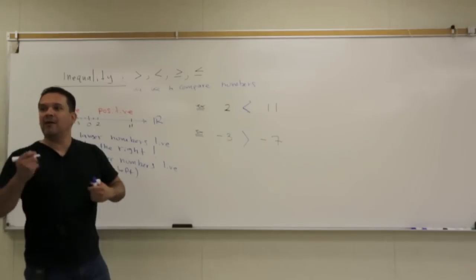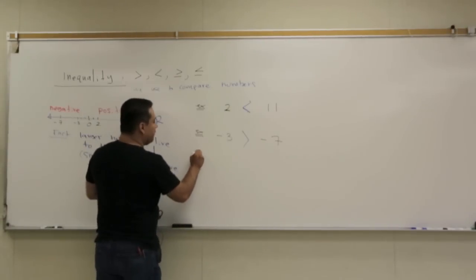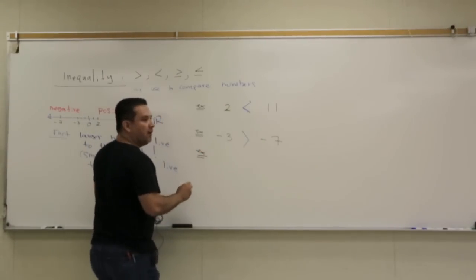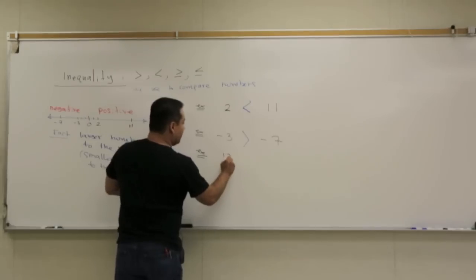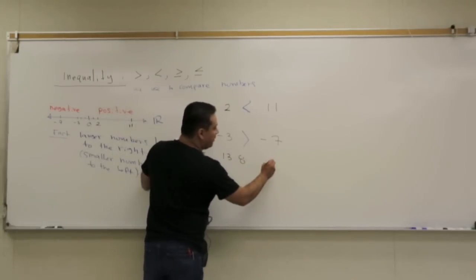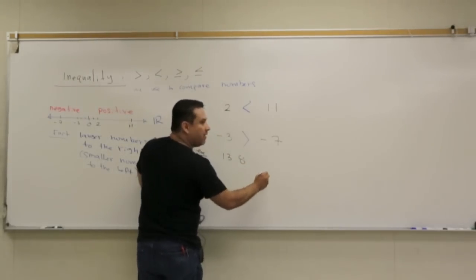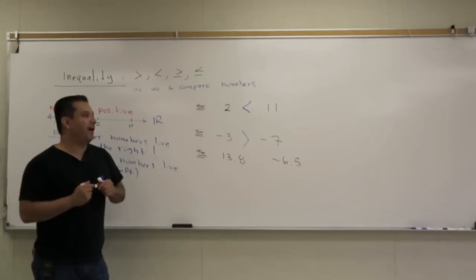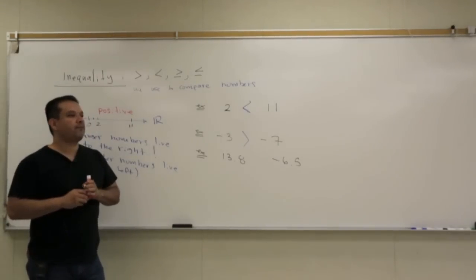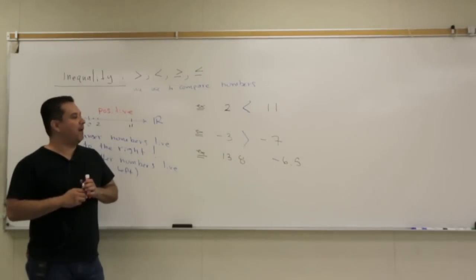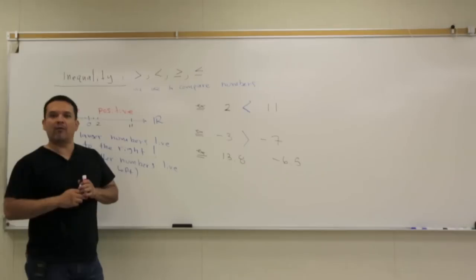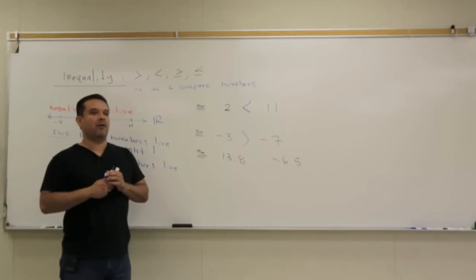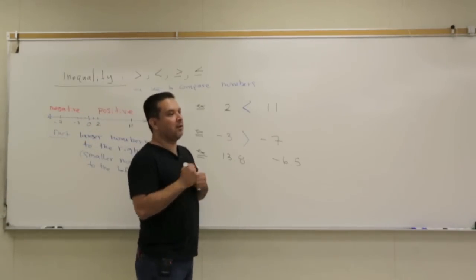Is that easy? All right, let's go with a couple more examples as a review. How about 13.8 versus maybe -6.5? Which is like having more money? Which number is larger? Which is smaller? How is Jaws going to open?